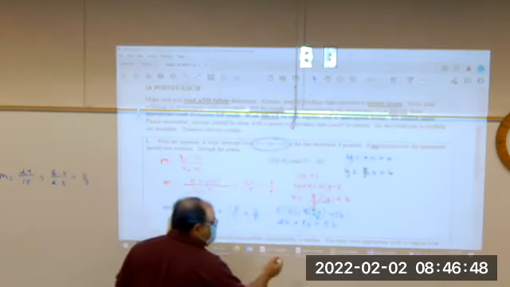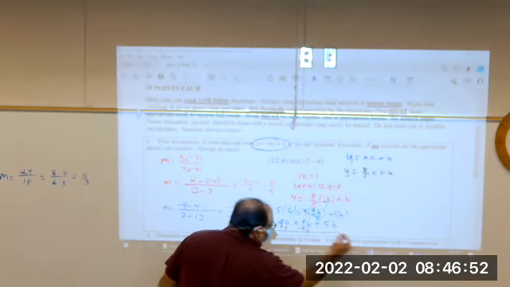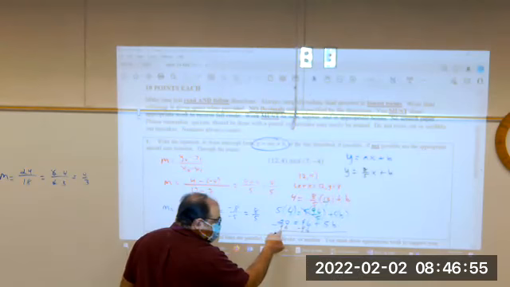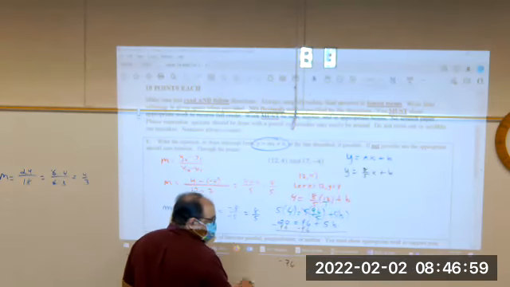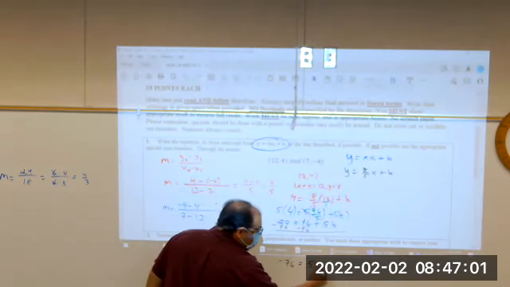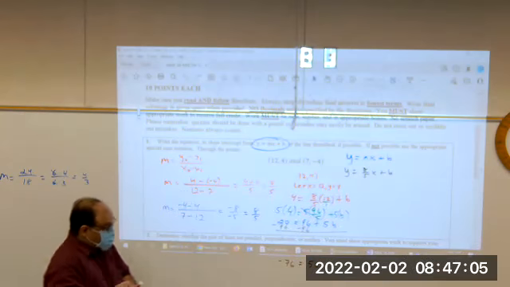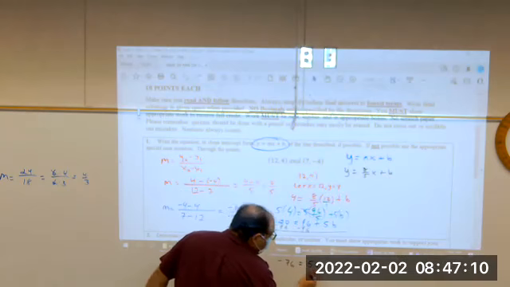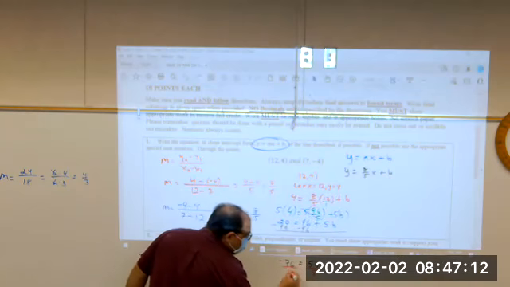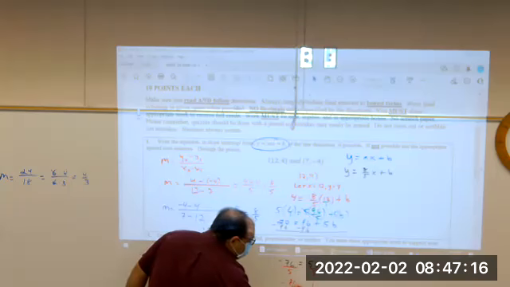So now I just subtract 96 from both sides. 20 minus 96 is negative 76 equals 5 times b. To solve for b, divide by 5, and b equals negative 76 over 5.